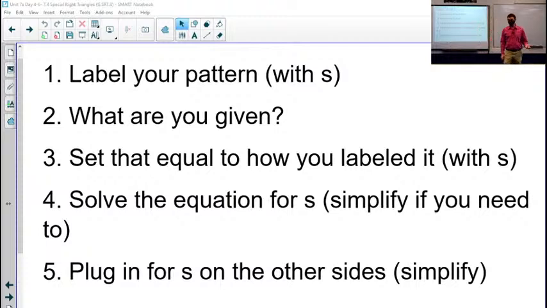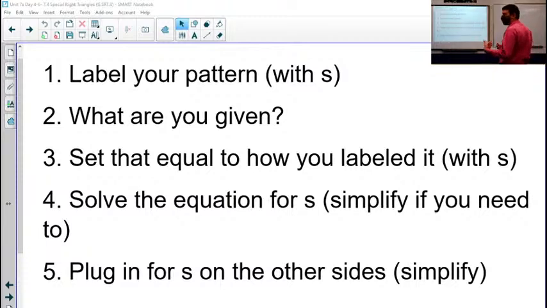Over the steps that I showed yesterday for going through these problems. Labeling our pattern, whether it's a 30-60-90 or 45-45-90 will depend on what the pattern is. Then we are going to say, what are we given?